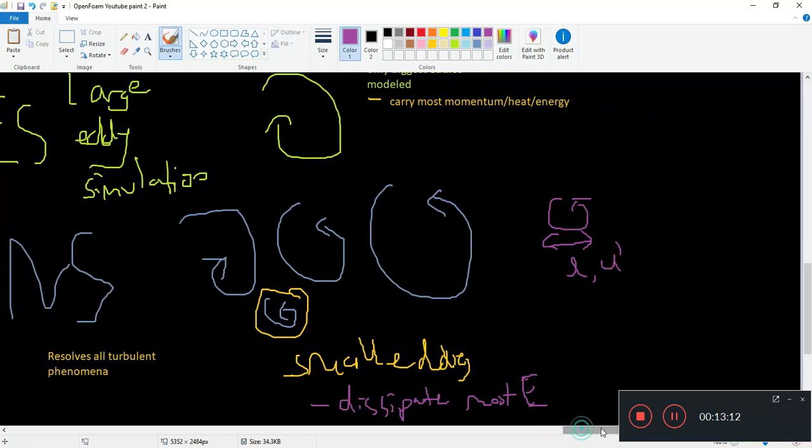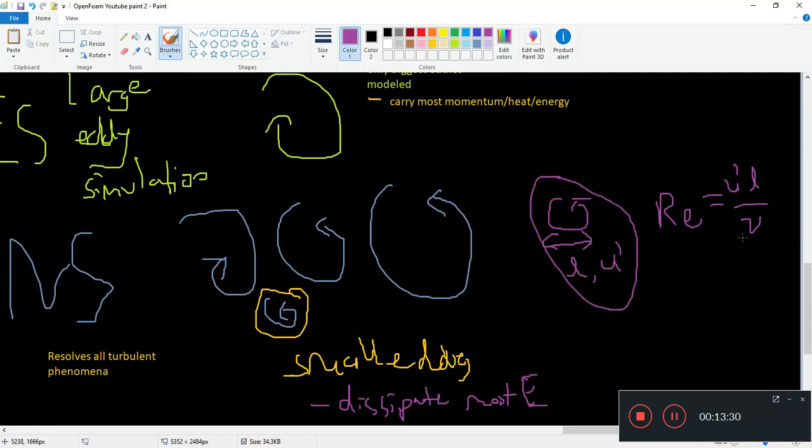The Reynolds number equals u times the length over the actual viscosity of the fluid. This is not turbulent viscosity, this is the actual viscosity of the fluid. In some of the smallest eddies, the Reynolds number of the eddy will be approximately equal to 1.